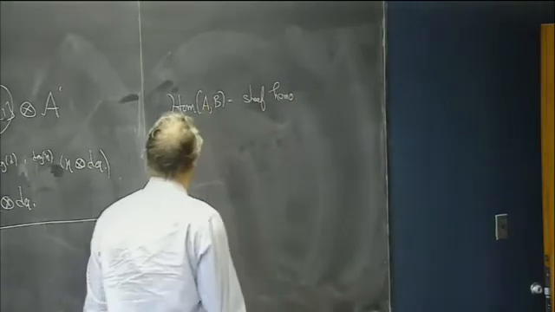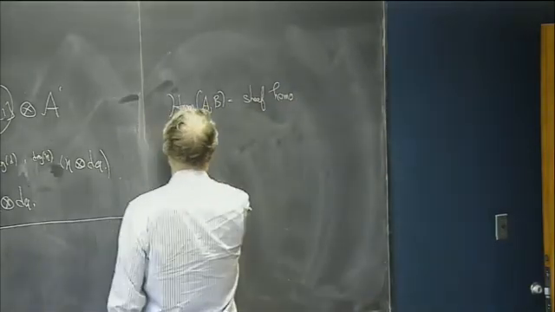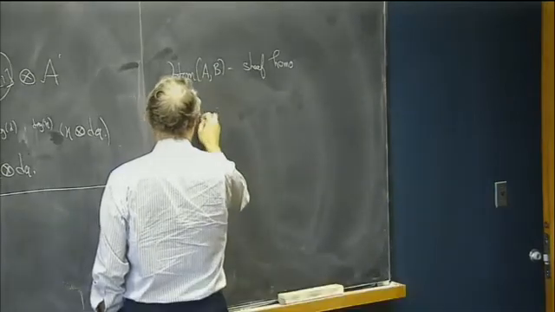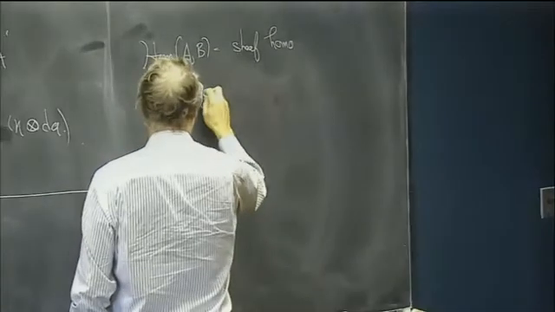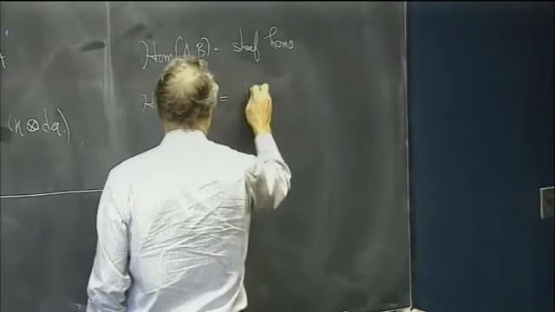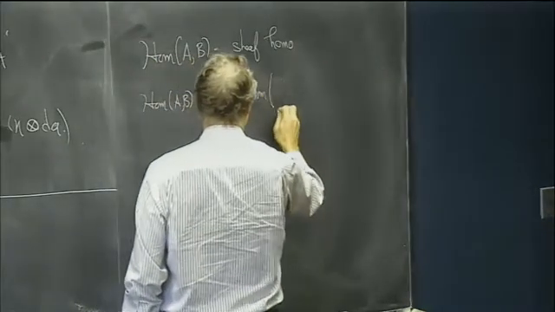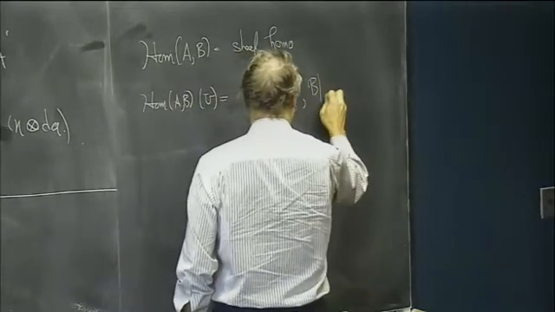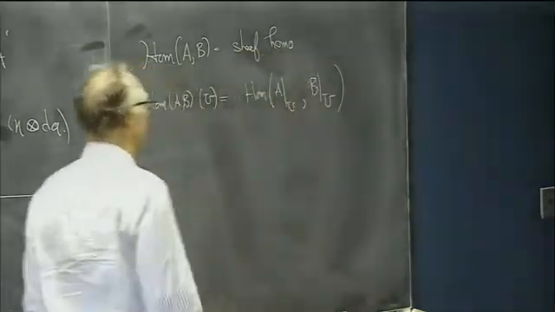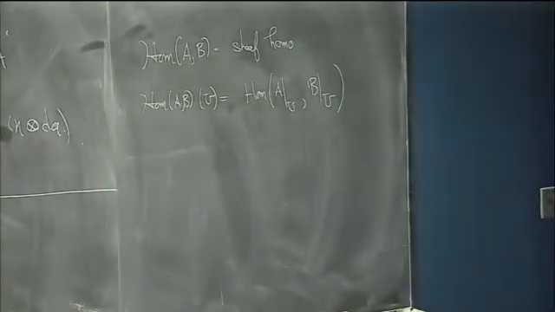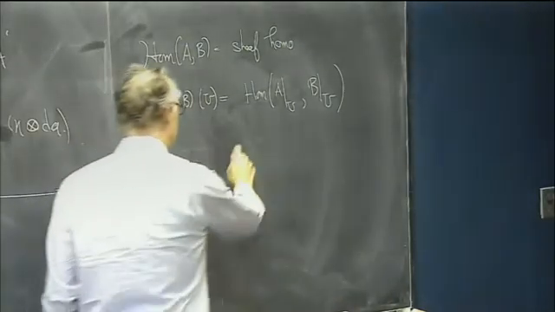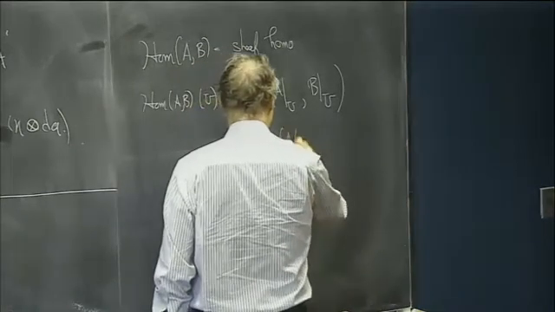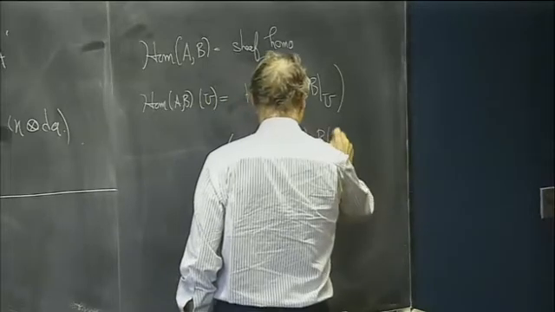It associates to an open set U the sheaf homomorphisms from A restricted to U to B restricted to U, which is not Hom(A(U), B(U)) in general.